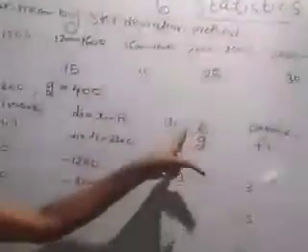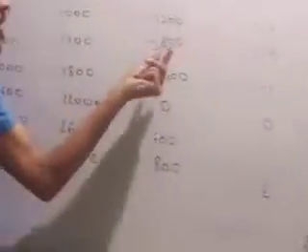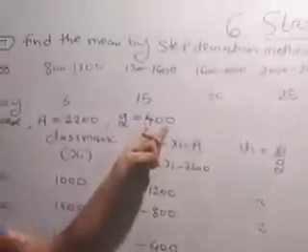The fourth column will be ui. The formula is di upon g, means all these numbers divided by 400. So 1200 divided by 400 is 3, sign negative, minus 3. Minus 800 divided by 400, minus 2.